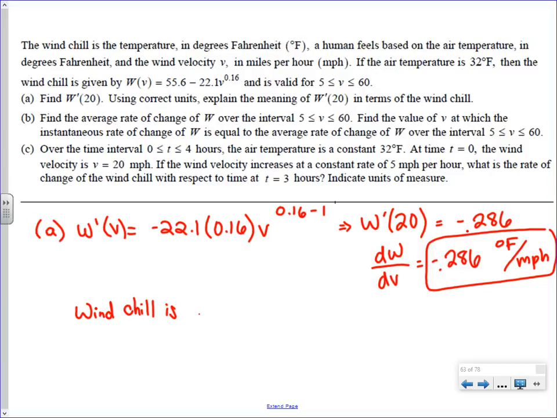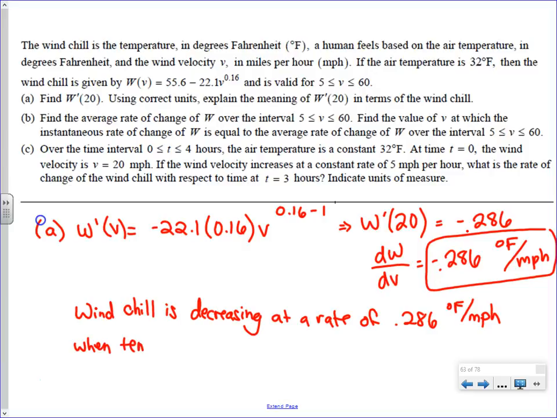So we could say the wind chill is decreasing at a rate of 0.286 degrees Fahrenheit per miles per hour. Why do we not keep the negative? What word did I use instead? Decreasing at a rate of 0.286 degrees Fahrenheit per miles per hour. You could say something like when the air temp is 32 degrees Fahrenheit.